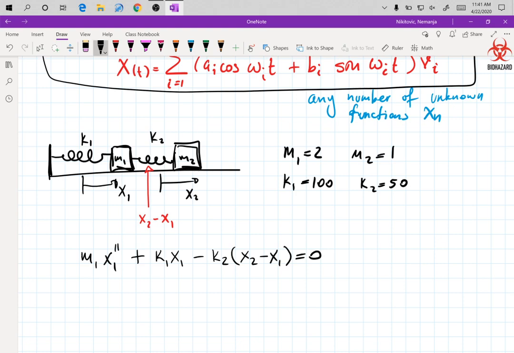Again, we're not bothering the system with any external forcing f of t, so it's just equal to 0.